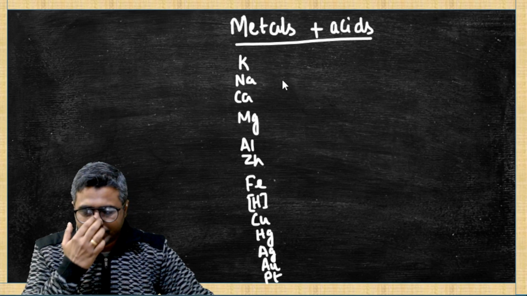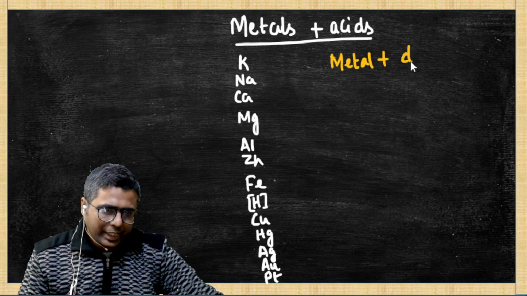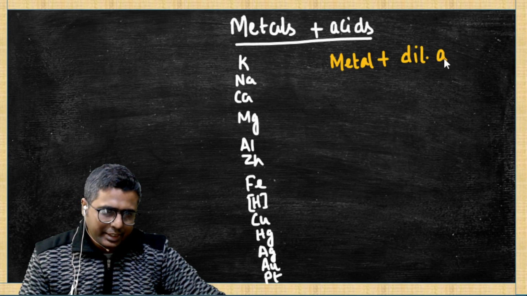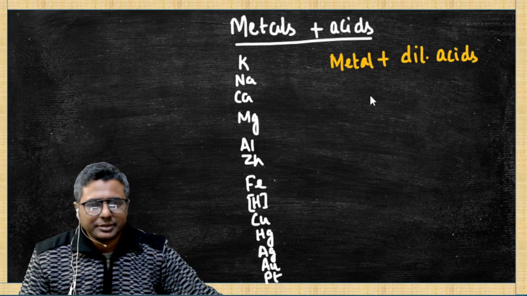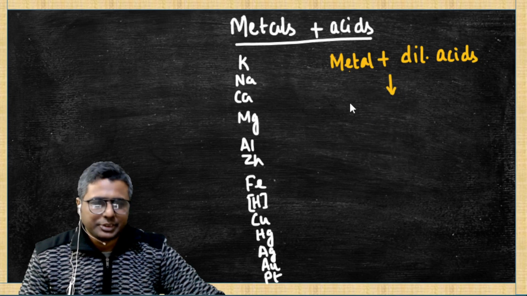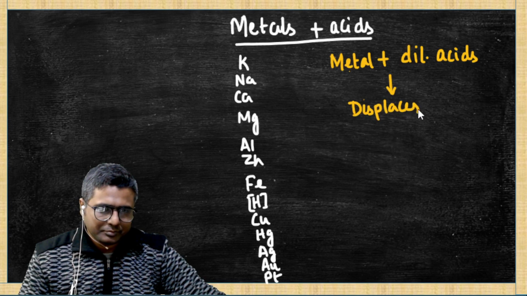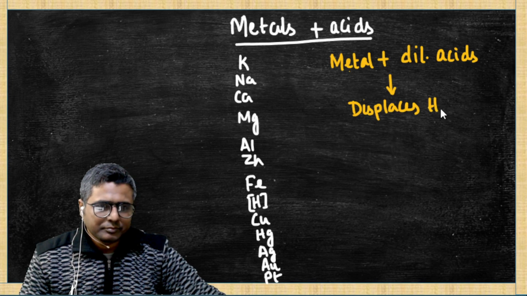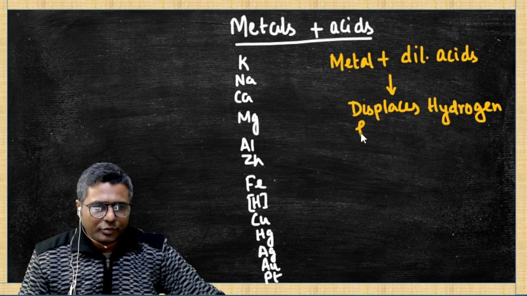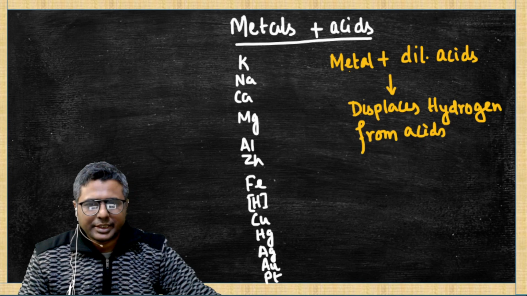So, why is this important? Because any metal, when it reacts with dilute acids, displaces hydrogen from acids, but there is a catch. What is the catch?